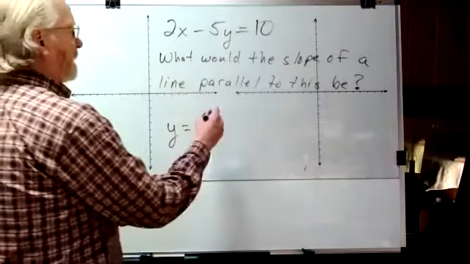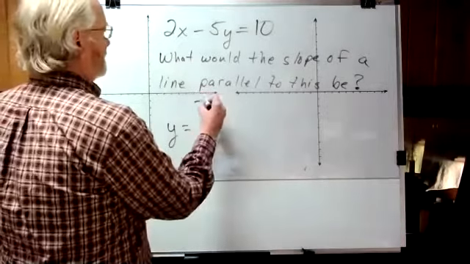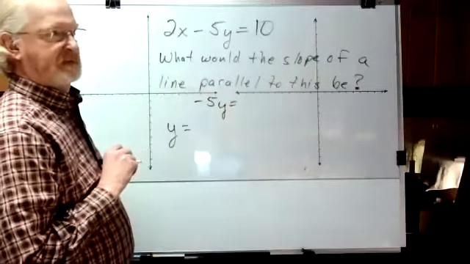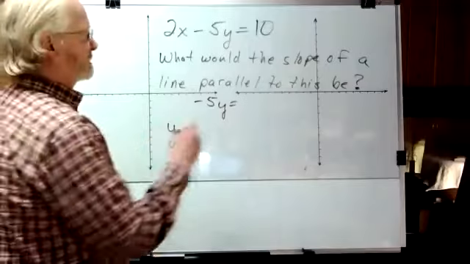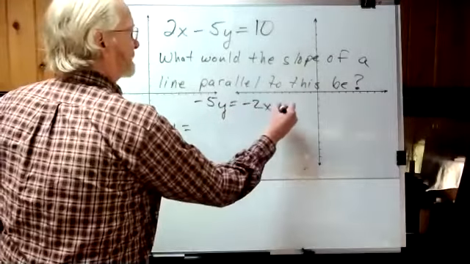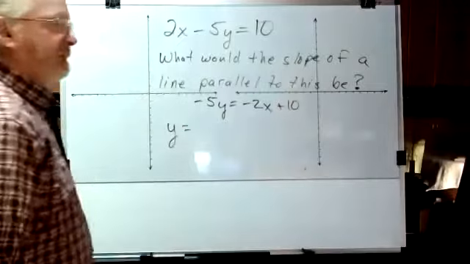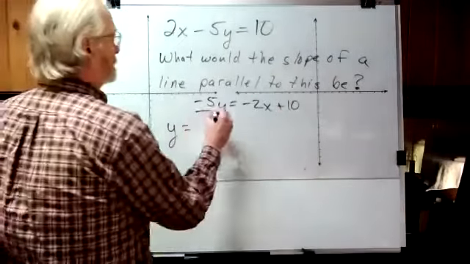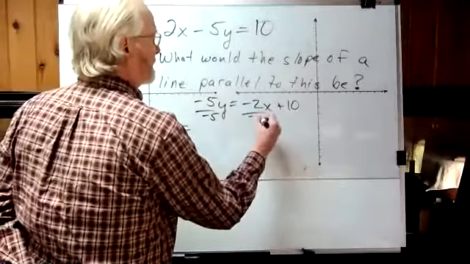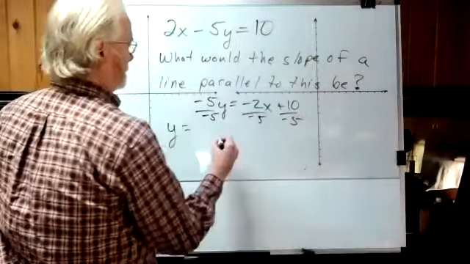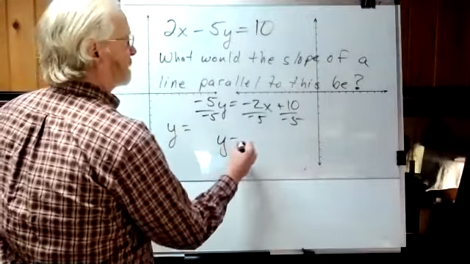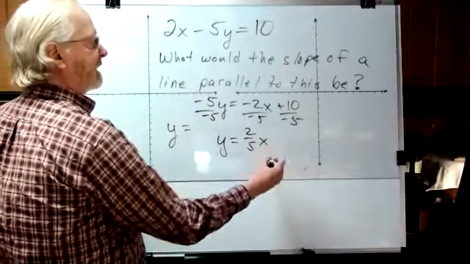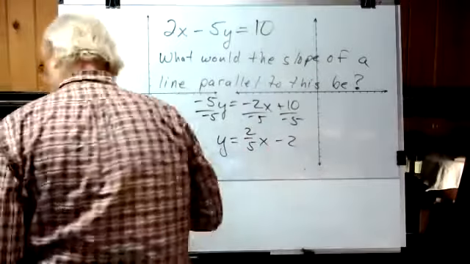Okay, I'm thinking you should be this far, pretty close to done with this. I'm going to subtract the x's from both sides, which means -2x plus still the 10. I'm going to divide by the -5. Every piece divided by -5 gets me y equals negative, now +2/5 x minus 2.